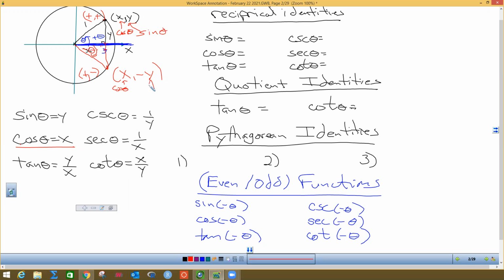Now this y, is this y identical to that one? No. What happens? It's negative. So what that means is this is negative sine theta. How many are thumbs up with that? Thumbs up.